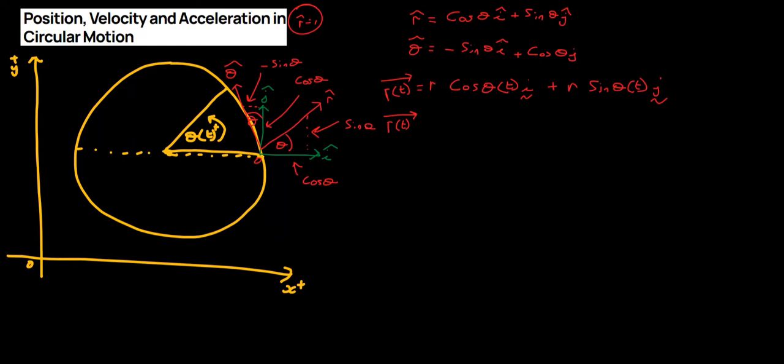Okay, we can factorize the r out, and lo and behold, we have r hat. This comes out to there. So we have our first position vector for, let's call this for position.